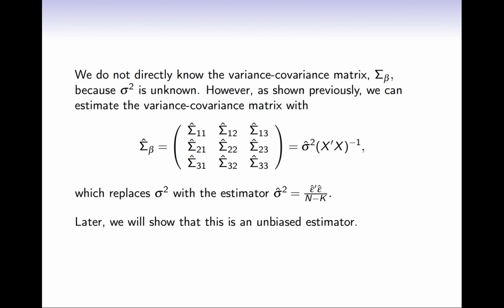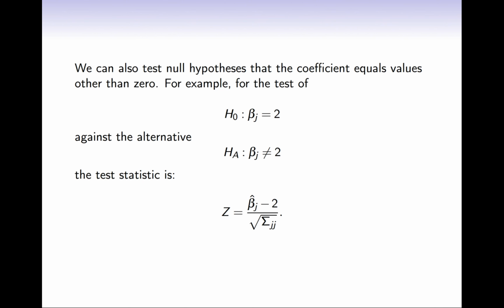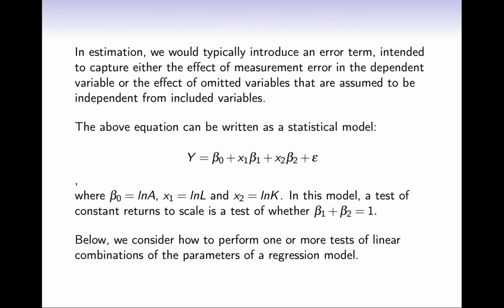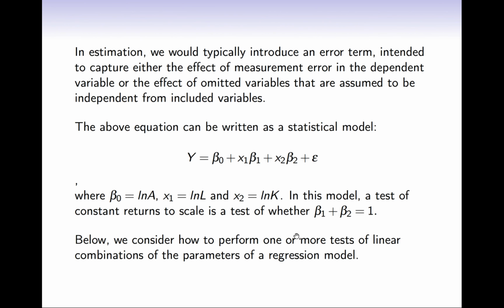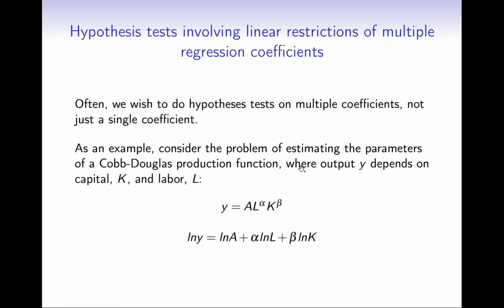Let's see, this is this test here. The test would be, see here, alpha plus beta equal 1, or when you take the logs, then beta naught is equal to log of A. Beta 1 would be alpha, and beta 2 equals the beta here. I guess I shouldn't have used beta.